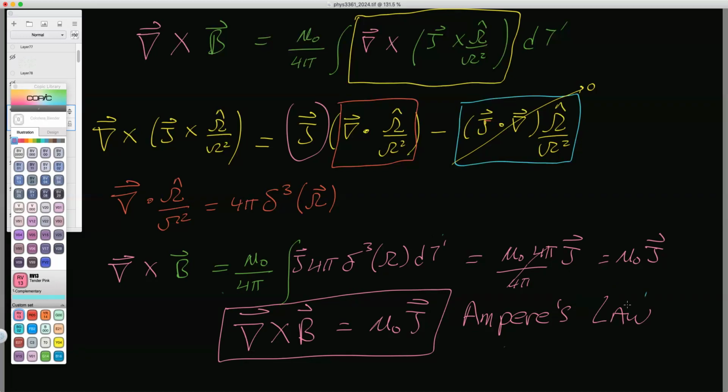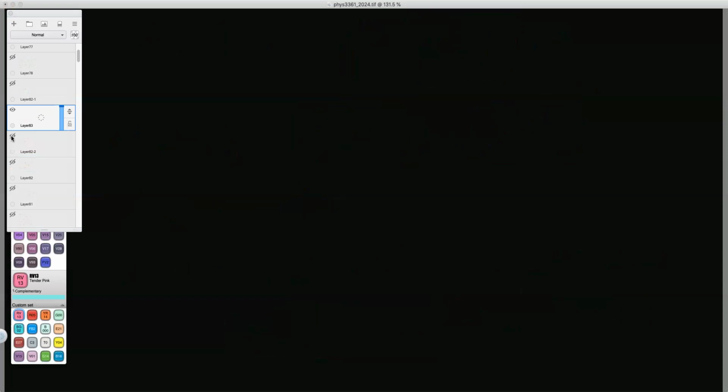I want to give you a worksheet. Well, maybe I need to give you an example. So let's do just a current wire. We already know what B is for just a wire, but we can do it with Ampere's law. We kind of already did it, but we're going to now think like we're using Ampere's law the way that we use Gauss's law. All right, so we're going to use Ampere's law.